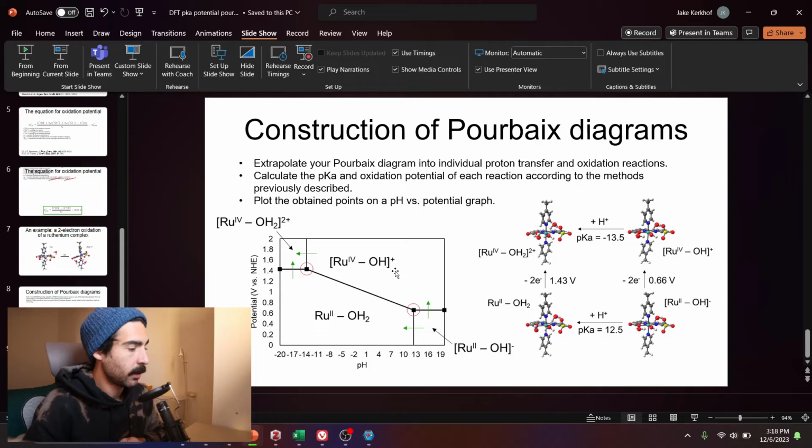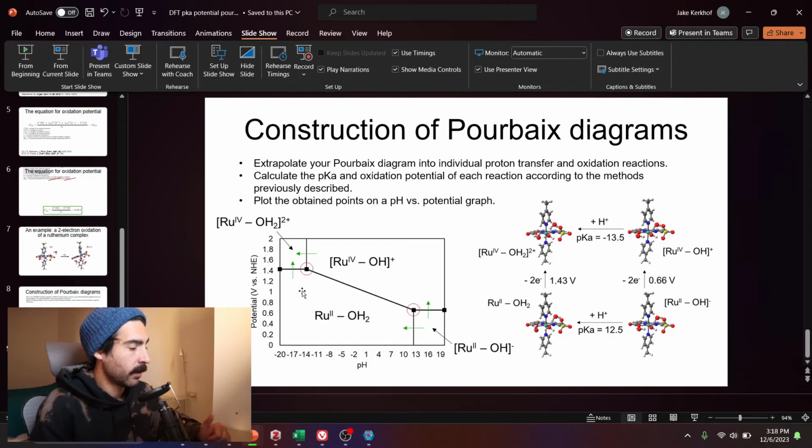So I have an example of this extrapolated Pourbaix diagram. We imagine that this sloped proton-coupled electron transfer region finishes, and we get a region where there's a simple electron transfer at both ends of the regime and an associated proton transfer.